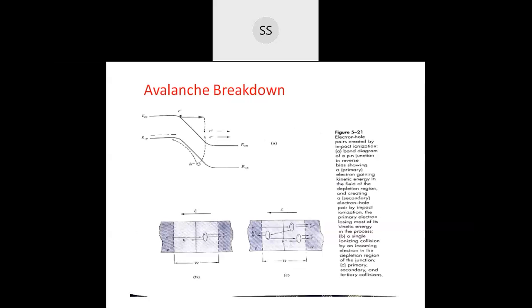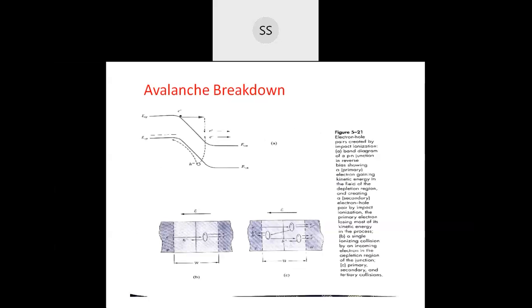So in avalanche breakdown, in lightly doped junctions, the breakdown mechanism is characterized by what is called impact ionization. Because of that, there is suddenly a large number of electrons emerging out of collision, which are responsible for the breakdown.